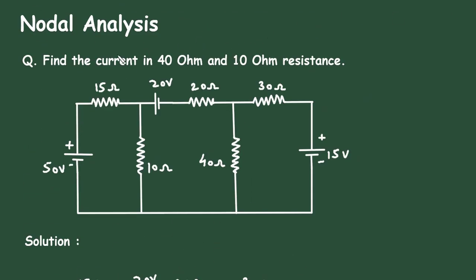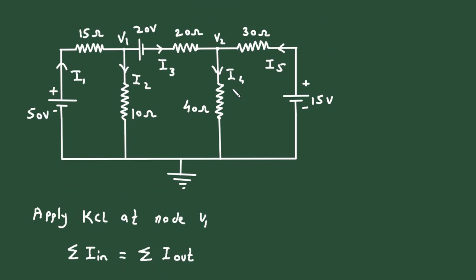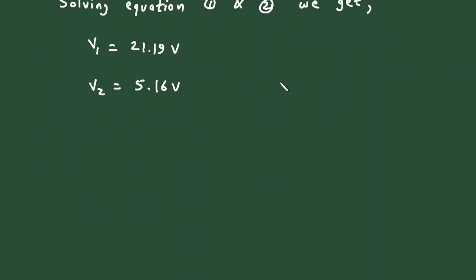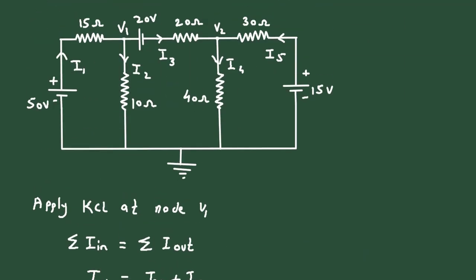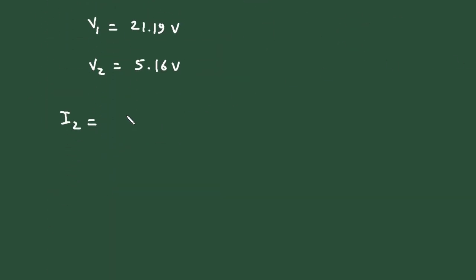But in this question we have to find the current in the 40 ohm and 10 ohm resistance. So we have to find current I4 and current I2. First of all, let's find the value of current I2. I2 will be equal to I10 ohm, that is the current through 10 ohm.